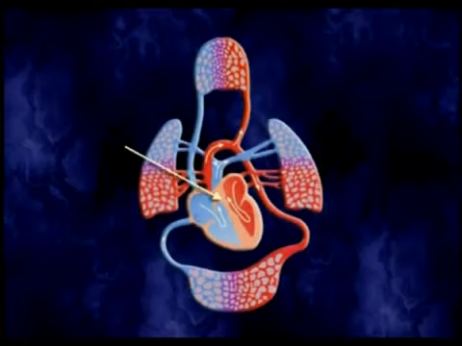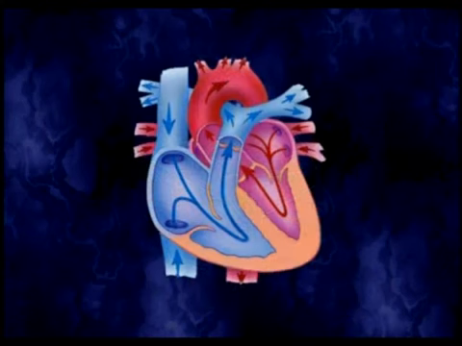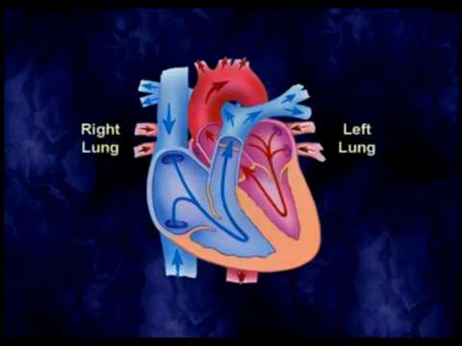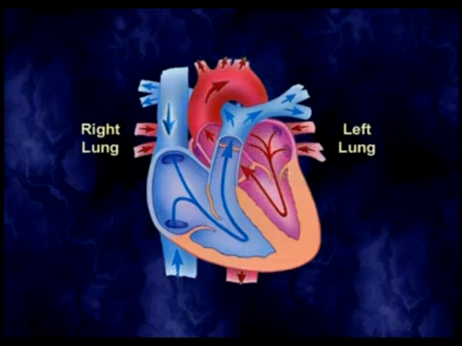The functions are separated, and so this four-chambered heart is a very, very important part of our system in terms of being efficient. Again, the right side is low pressure, left side is high pressure, and they have different capacities.